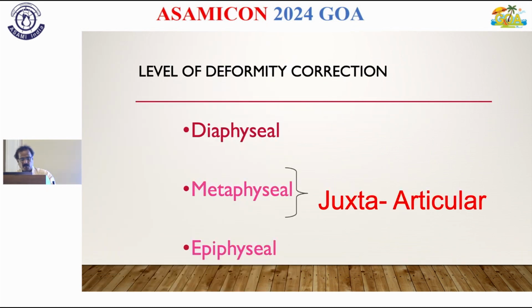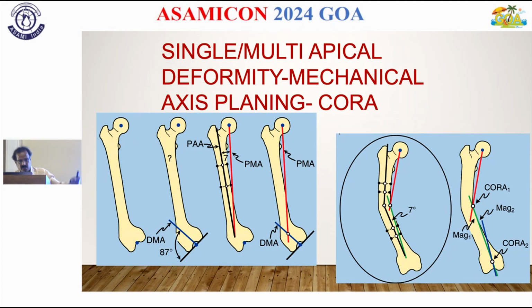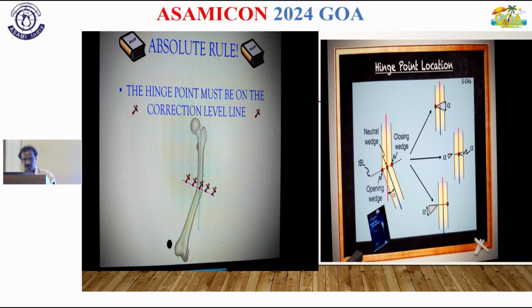So levels may be diaphyseal, metaphyseal, or epiphyseal. So it has to be planned perfectly, whether there is a single CORA or multi-apical deformity, and mechanical axis and CORA by the normal bone or joint line, you have to assess it.